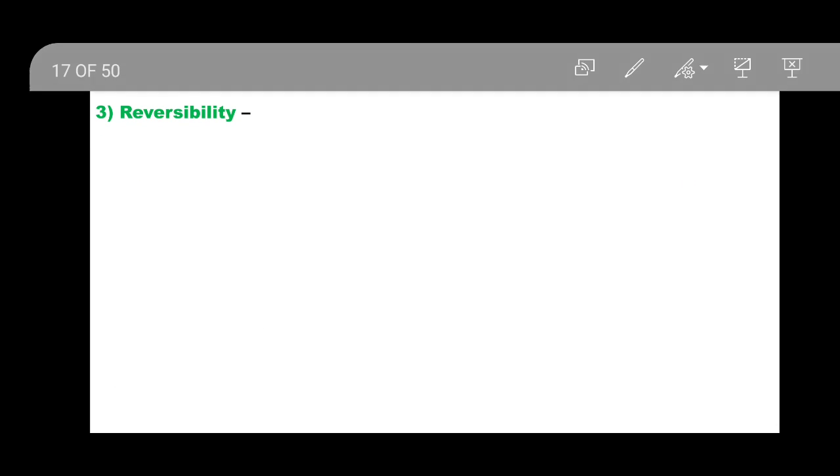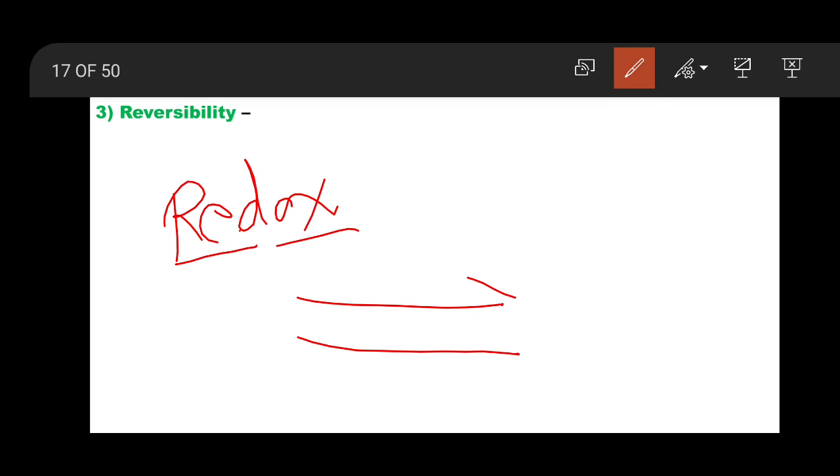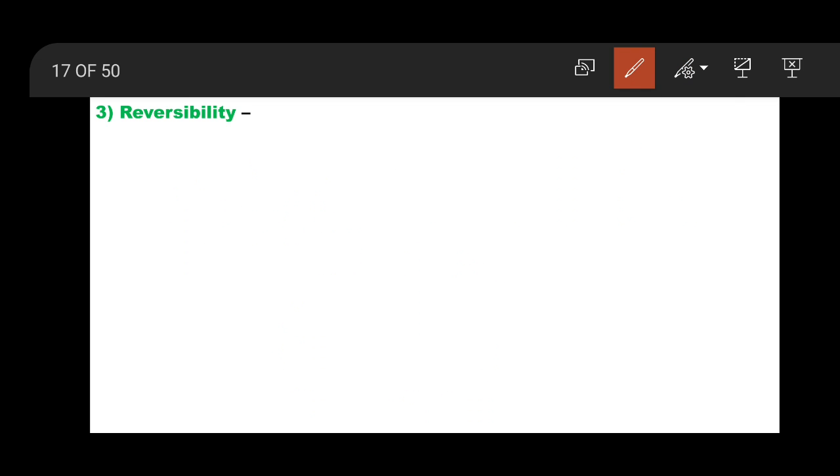Next property is reversibility. You might have come across redox reactions in chemistry, reduction oxidation reactions, which are reversible reactions. They are shown like this, with arrows in both directions. That is the sign of reversibility. Enzymes have reversibility, many enzymes.